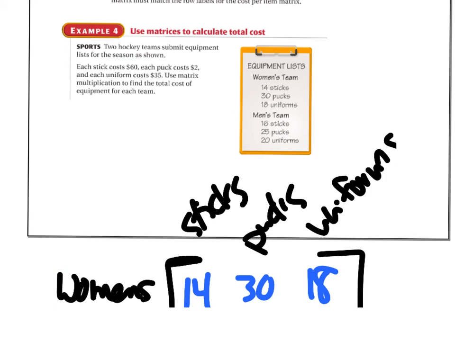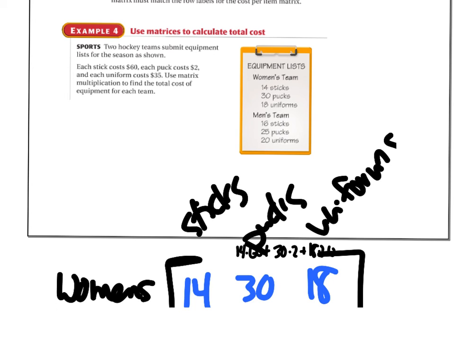I'm going to take my first row times only the first column and multiply it, and I will write it out the long way, and I end up getting 14 times 60 plus 30 times 2 plus 18 times 20. That's my first row, first element number.